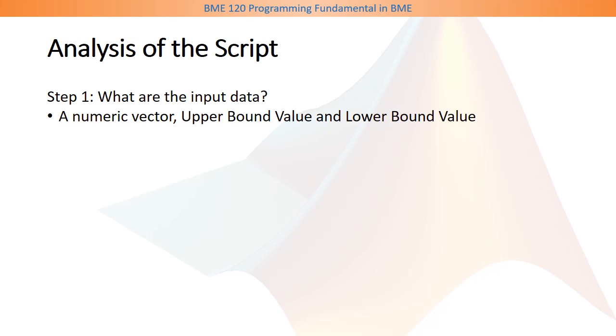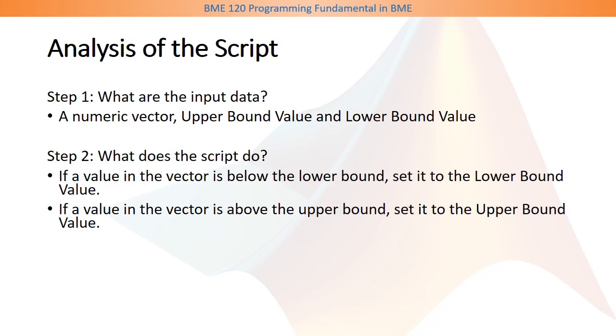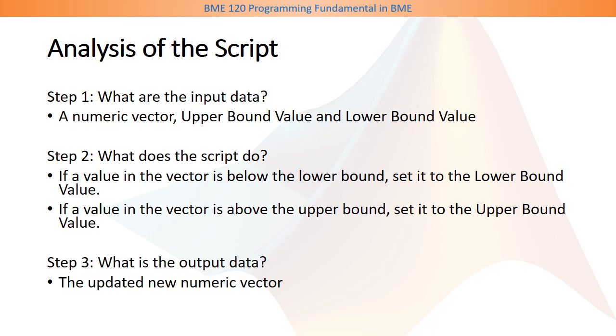In this case, what we're going to do is to check every value in the vector. If it is below the low bound, we set it to the low bound value. If it is above the upper bound, we set it to the upper bound value. Once we did that, we get an updated vector. And this updated vector will be used in the third step, which is to define the output data.